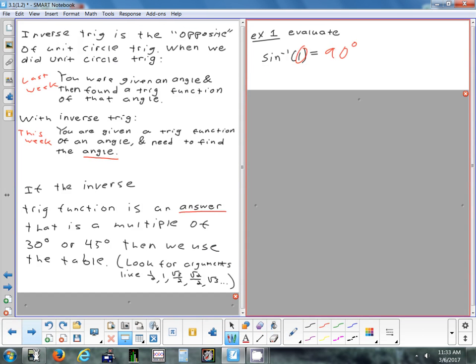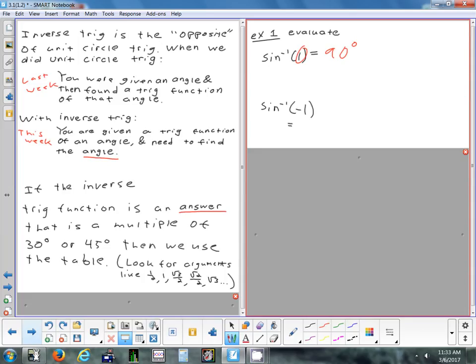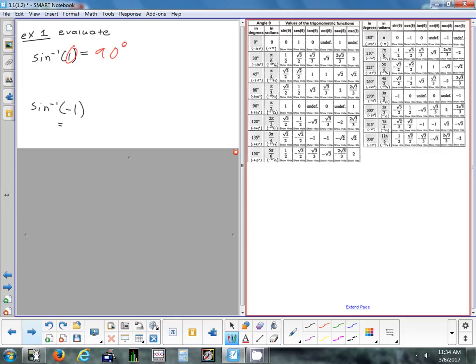All right, let's try this one. Inverse sine of -1. Okay, does everybody have what's on the left? Okay. So I can put the table up, but it's kind of small to see, so you might be better off just looking at yours.